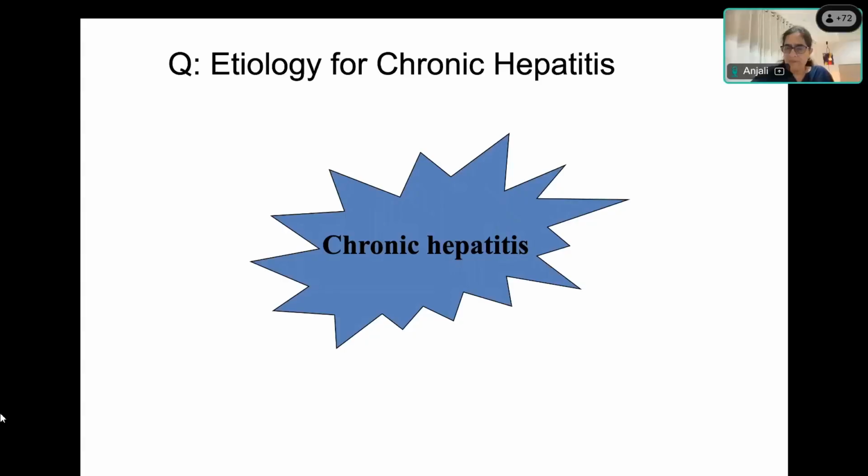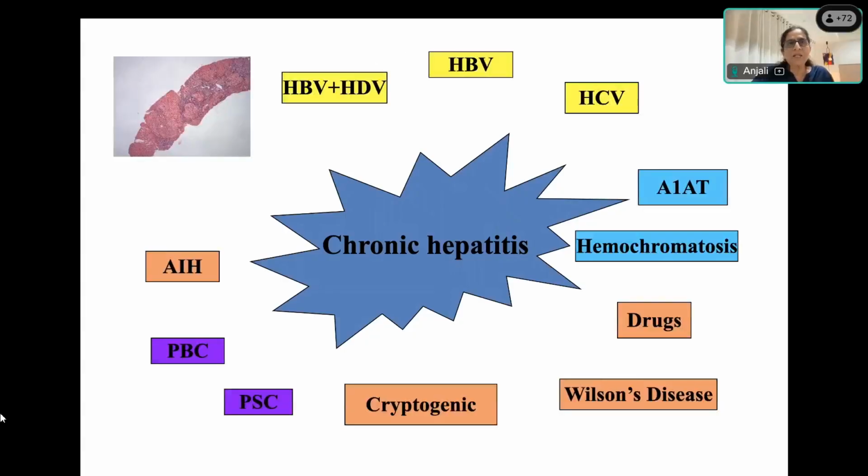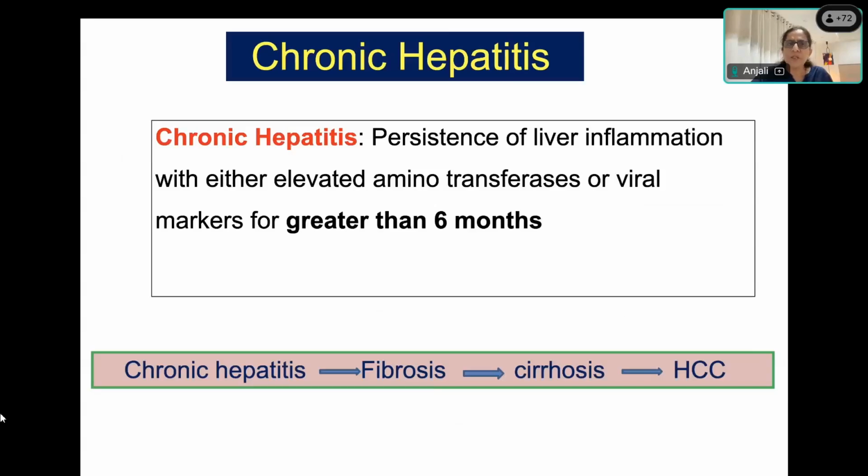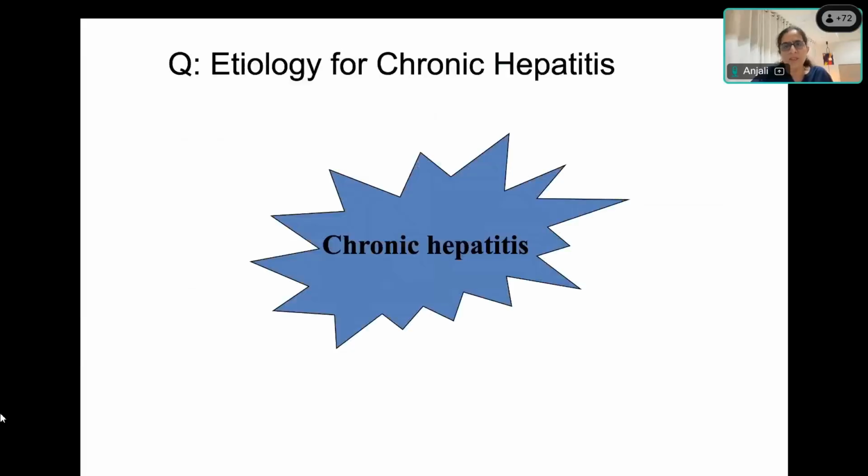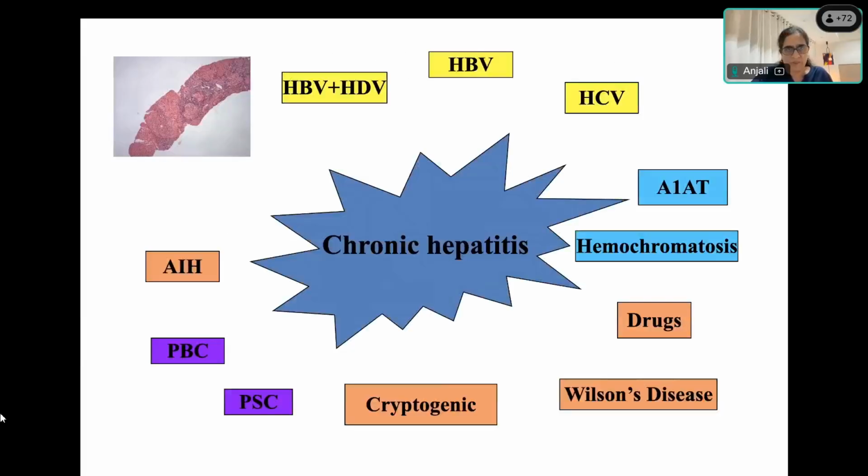Excellent. So this slide shows that all of them can give rise to chronic hepatitis. All these diseases can give rise to chronic hepatitis. And as per definition, it is more than 6 months. And all these etiologies can progress to liver fibrosis.